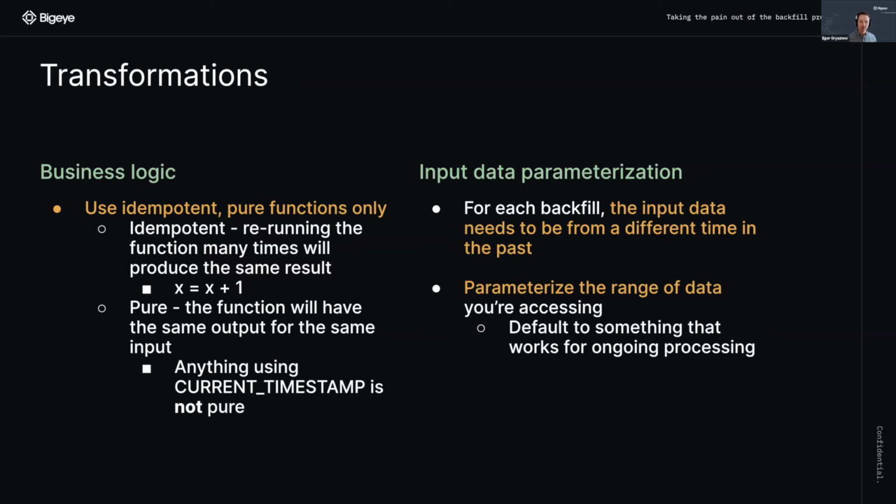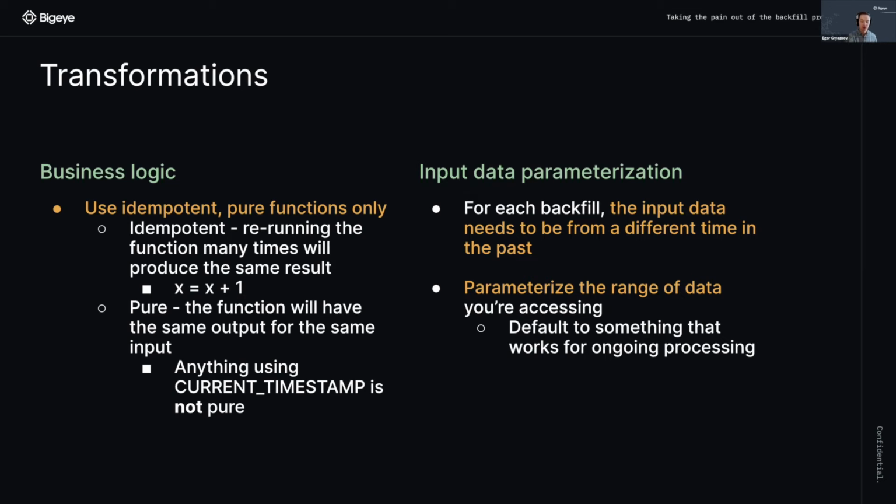So once you've locked down your business logic into only using pure idempotent functions, you need to make sure that you can parameterize your input data. The important part of incremental processing, as I mentioned a couple of slides ago, is that you need to decide which data you read every single time you run that incremental processing. Part of that is parameterizing it, usually across time ranges.